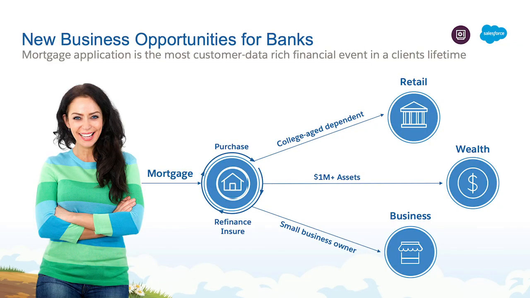If you think about all the interactions a bank has with a client, whether in the branch, on the phone, or online, applying for a mortgage is the one through which the client shares the most about their financial picture. To qualify for a mortgage, a potential borrower must share their address history, their tax returns, family information, employment info, even if they're a small business owner or self-employed.